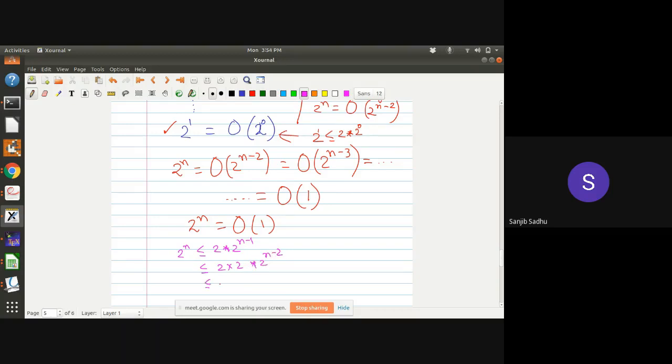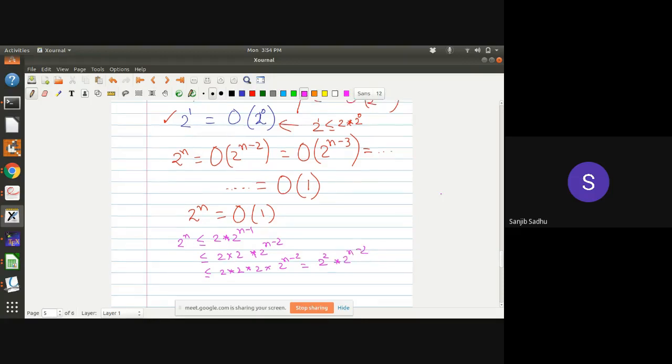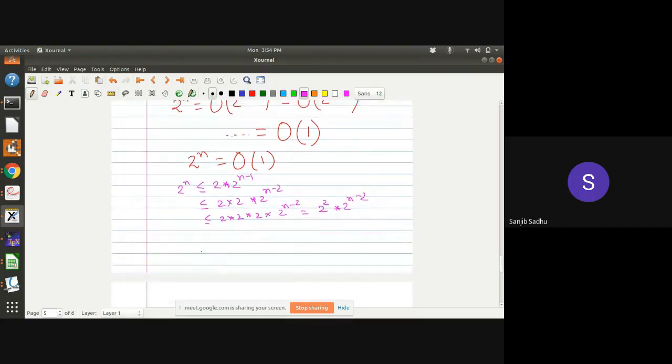Similarly, I can write 2 square into 2 to the power n minus 2. Now you see one thing, the next part will be 2 cube into 2 to the power n minus 3. In this way, this value gets reduced, but this portion is increasing.